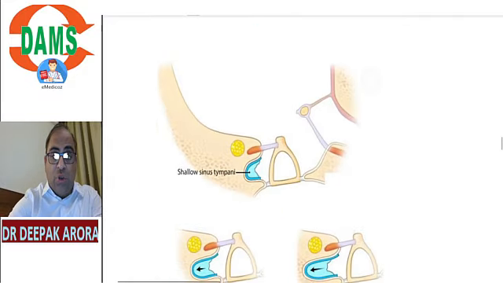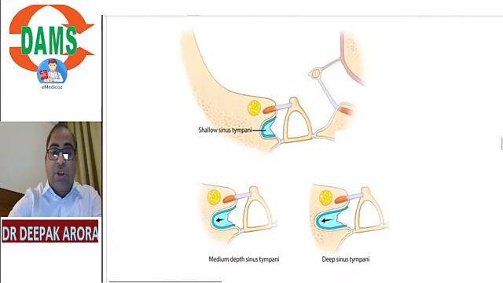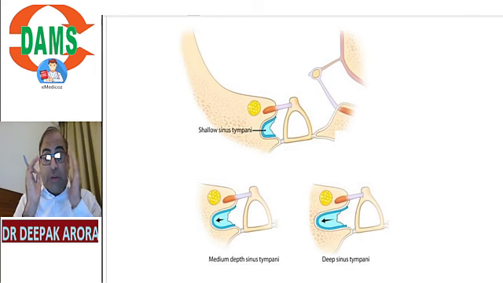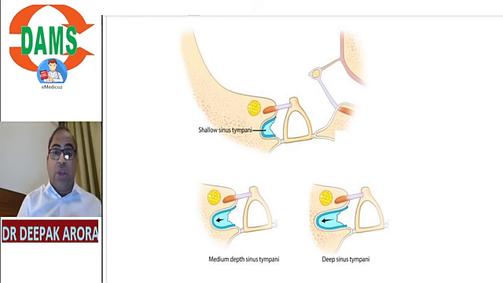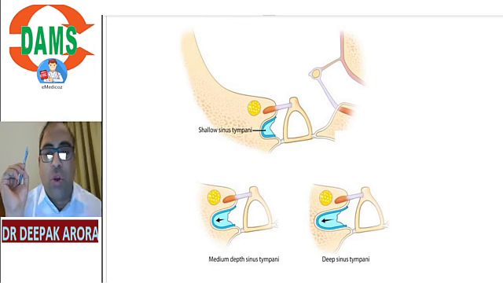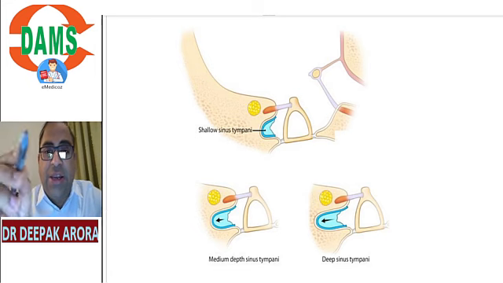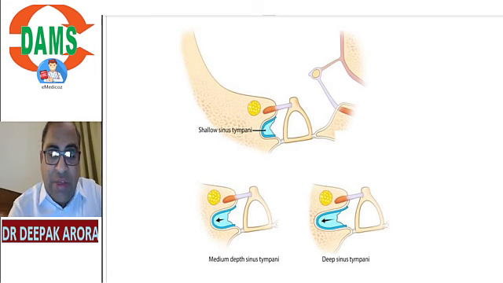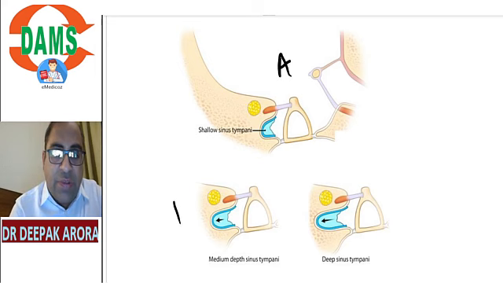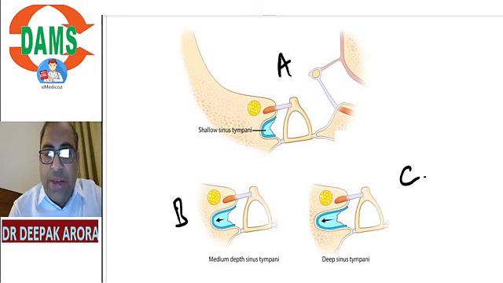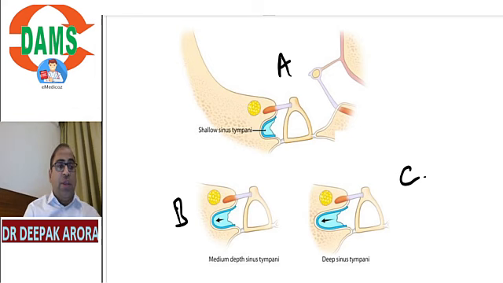Now I am showing you this nice orientation of sinus tympani. Now concentrate. Very important MCQ. I am showing you 3 slides. This is the future. They will be asking you all these 3D MCQ, integrated questions of ENT with anatomy. This is slide A, this is slide B, this is slide C. I'm waiting for a response in the chat box.